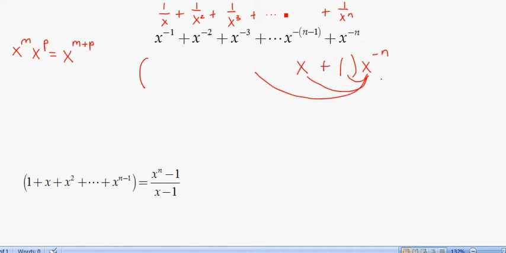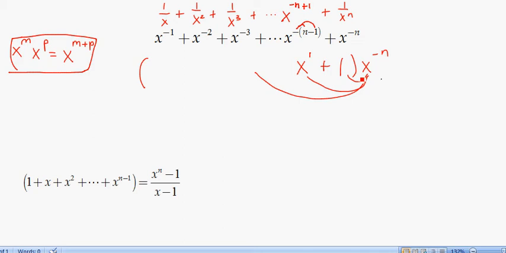Okay, so this term right here I could think of as x to the negative n plus 1 if I distribute that negative, right? So how can I write x to the negative n plus 1 as x to the negative n times something? Well, if I do x to the negative n times x to the 1 using this property here, I would be adding their exponents to get what I started with.